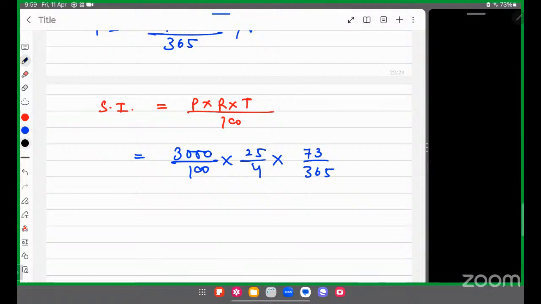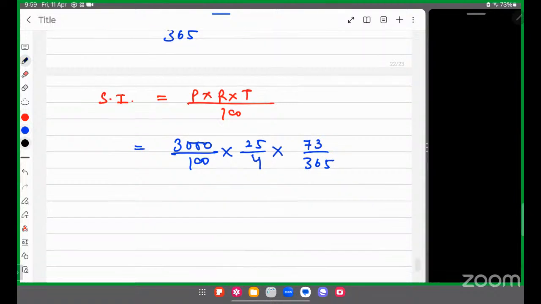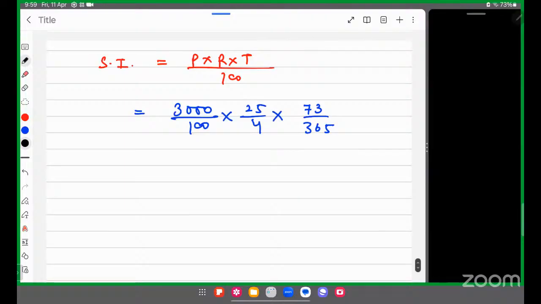Now you have to calculate it. I'm not going to calculate it. Calculate it by yourself. Understood or any doubt? Okay.